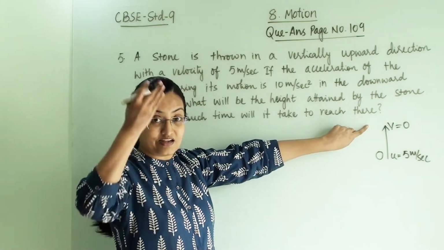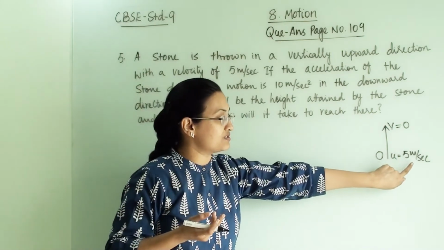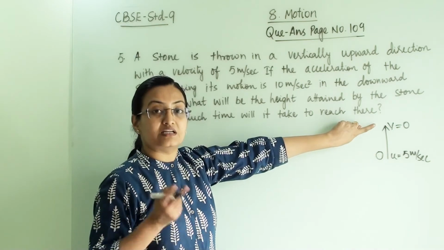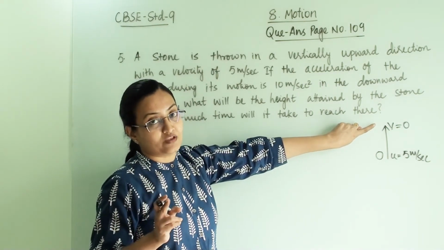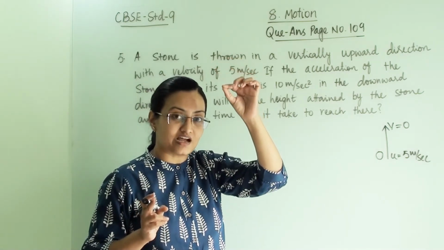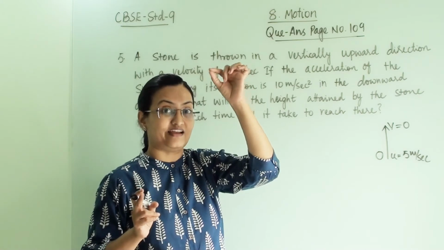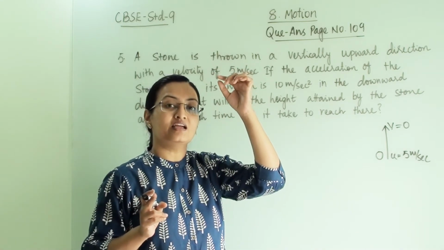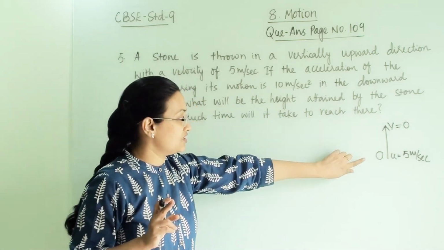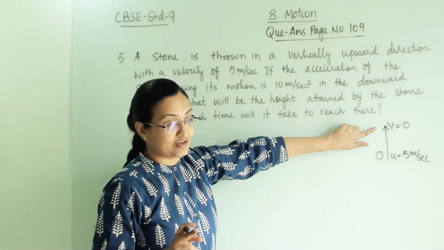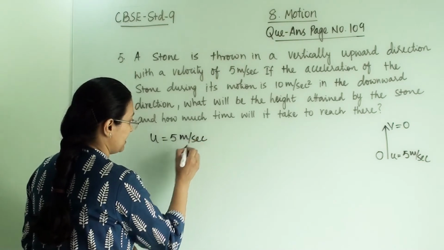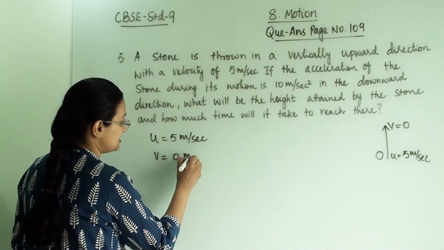While it is starting its upward motion it has a velocity of 5 meter per second, but once it has reached the maximum height, it will start moving backward, and at that position for a fraction of a second its velocity will be 0. So here we know the initial velocity, 5 meter per second, and the final velocity, 0 meter per second.